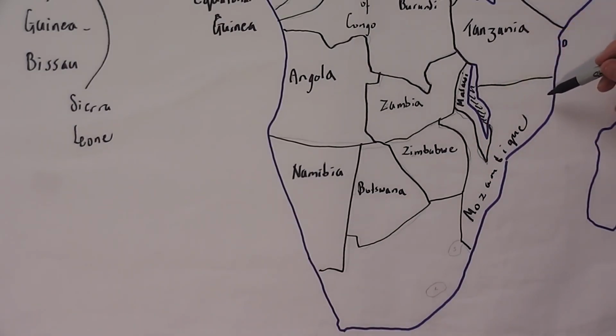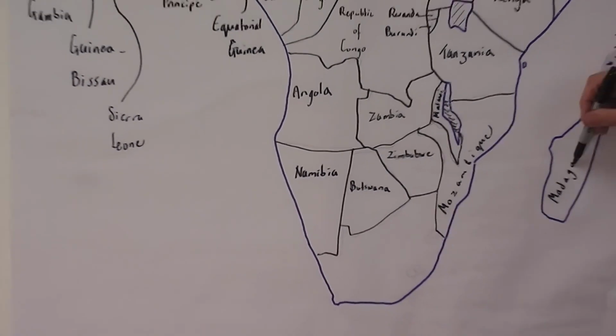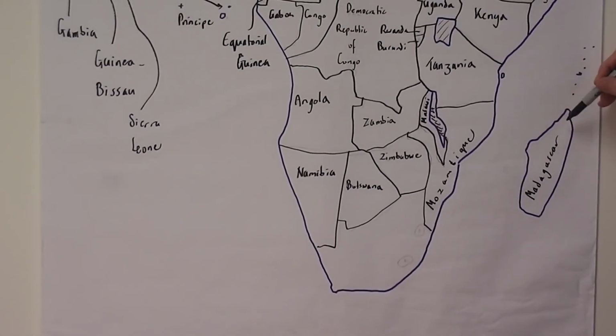Mozambique, which used to be Portuguese. Here is Madagascar. Big island in the Indian Ocean, and then just to the north of Madagascar are a group of islands called the Seychelles.